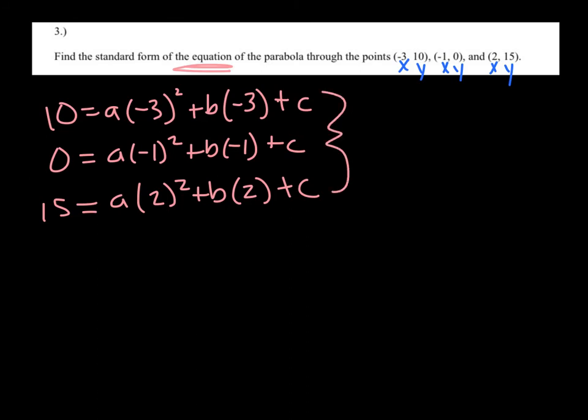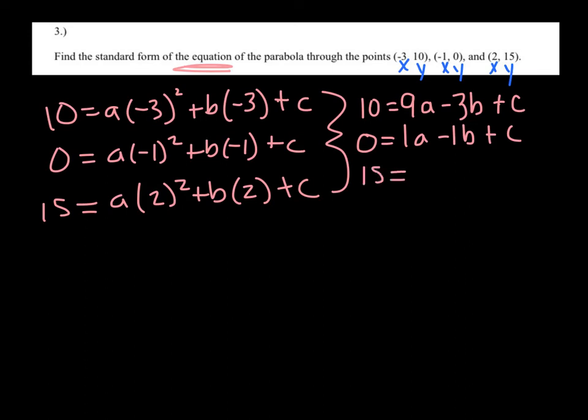So these 3 equations, I think I've said equations too many times, it's starting to sound funny, will become 10 equals 9a minus 3b plus c, 0 equals 1a minus 1b plus c, and 15 equals 4a plus 2b plus c.